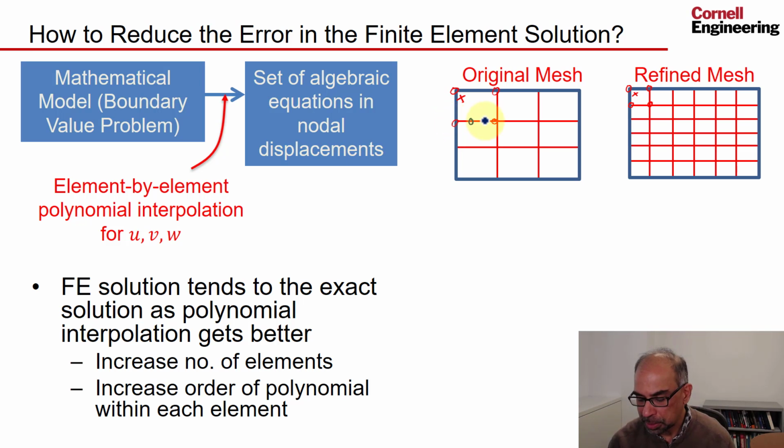Then if I'm interpolating along this line, I'm going to use 3 values, so I can do a better fit for whatever variation I have, as opposed to using just 2 values. A quadratic interpolation is better than a linear interpolation. It's a curve fit, except that you don't know these values, so you have to find those values by inverting the stiffness matrix. We will get back to these ideas when we are in ANSYS, but that gives you a quick and dirty explanation for the numerical solution strategy used to solve our boundary value problem.